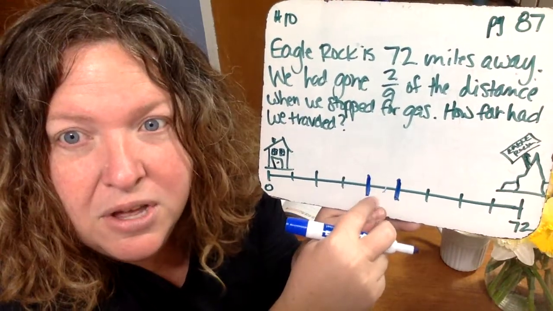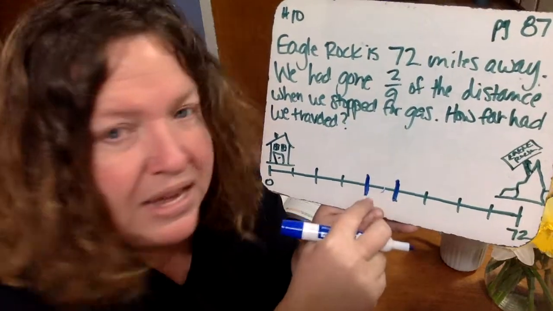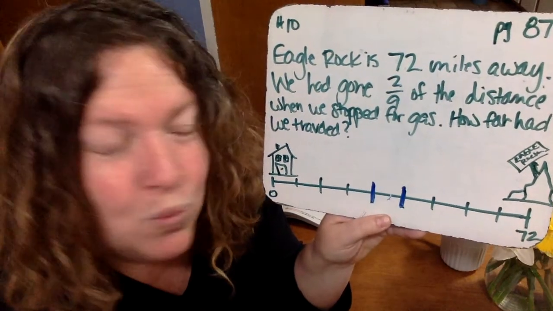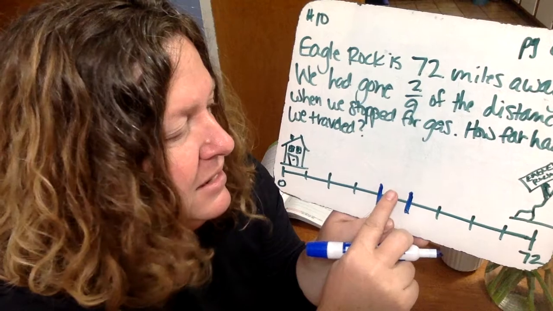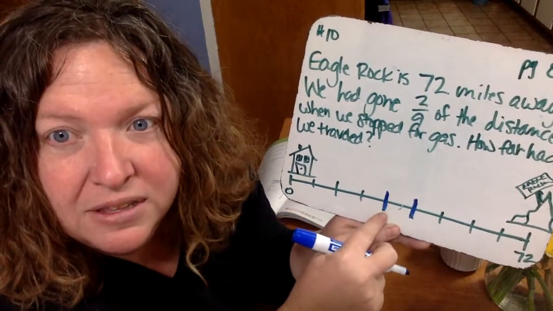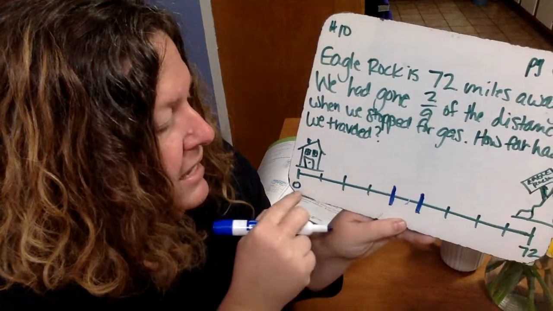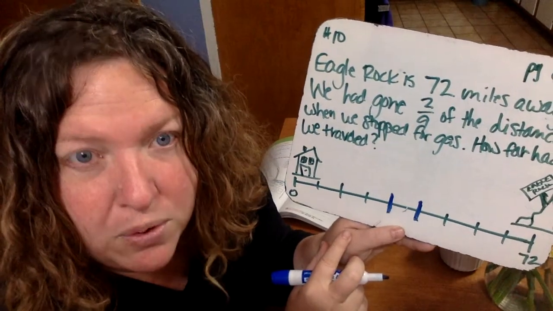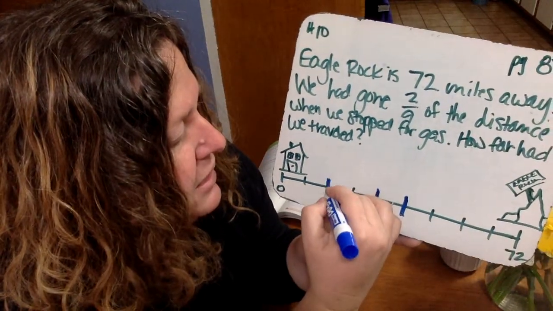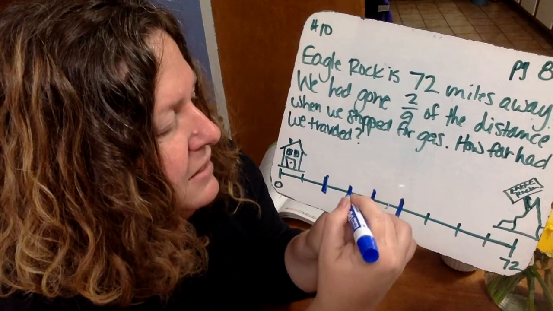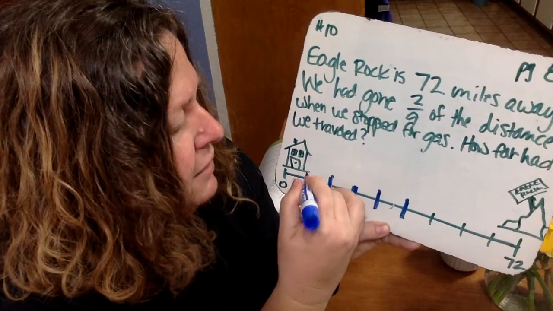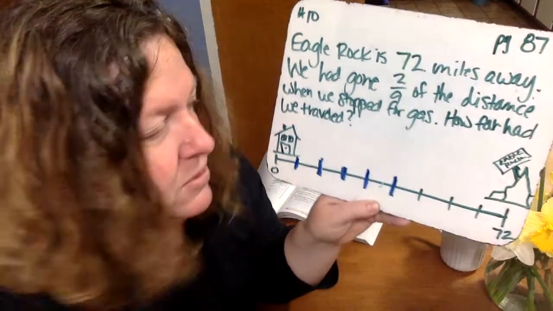There's my center, but I drew these 2 lines. There's one section of my 72 miles. Now, the section in between this line and 0 is an even number. I need 4 of them. So then I draw a line in the center, I cut it in half, and then I cut that in half and that in half. Then I do the same thing over here.